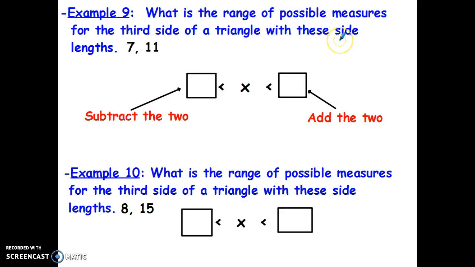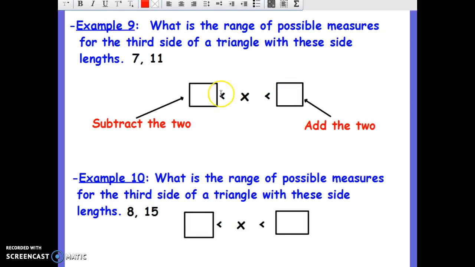So to find the range of possible measures for the third side, subtract the 2. So 11 minus 7 gives us 4. And then add the 2. 7 plus 11 gives us 18.